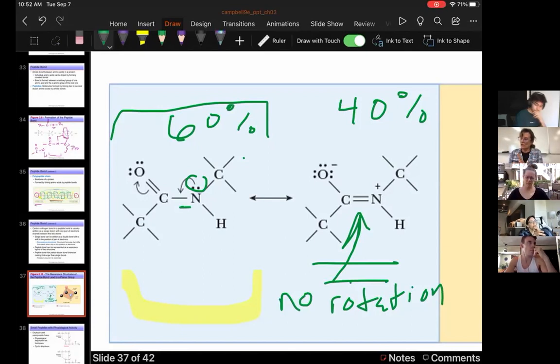So these are two snapshots of what's there, but really in real time, those electrons are mobile. And we know that this exists because we know what a carbon nitrogen bond length should be if it's single. And we know what a carbon nitrogen bond length is if it's double bond, it's shorter. Double bonds are shorter than single bonds. And based on the bond length between that carbon and the nitrogen, we know that it's got about 40% double bond character.